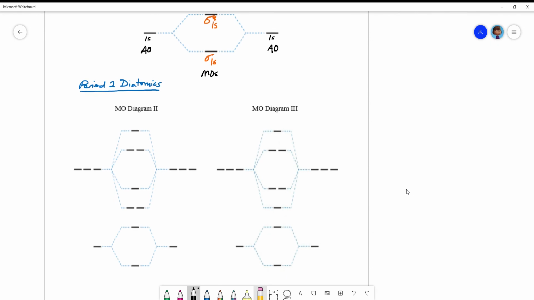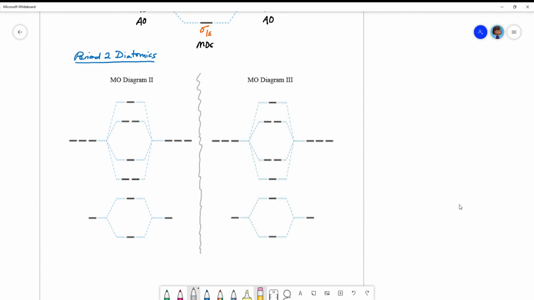Let's separate the two with a little gray line. I'm going to start with the diagram on the right, MO diagram number 3. So we have two atoms that are bonding together to make a molecule, and the atomic orbitals on one atom are combining with the atomic orbitals on the other atom to create molecular orbitals.